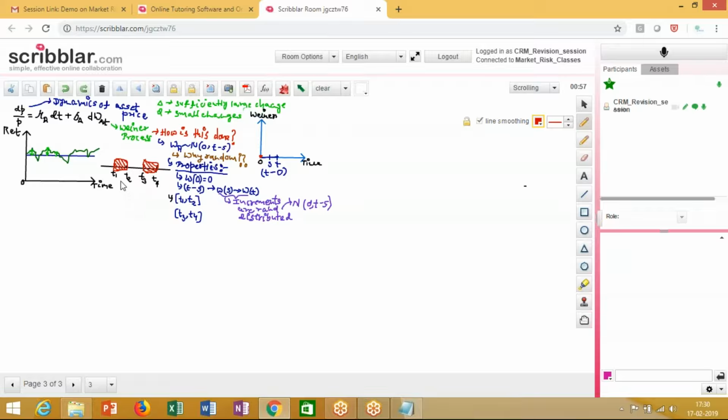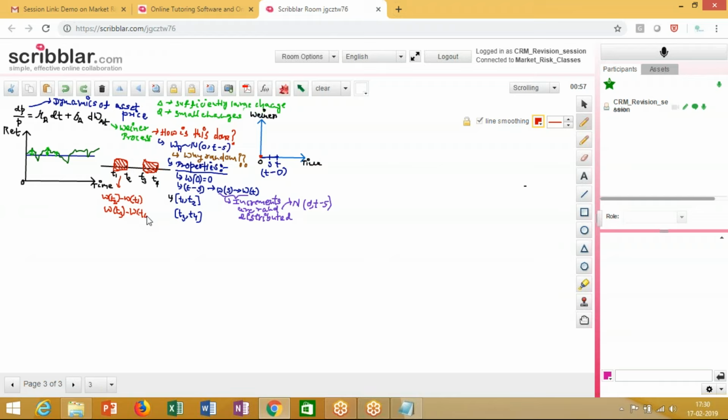Now, what it says is that this increment that you get to see over here, which is Wt2 minus Wt1, and the Wt4 minus Wt3.